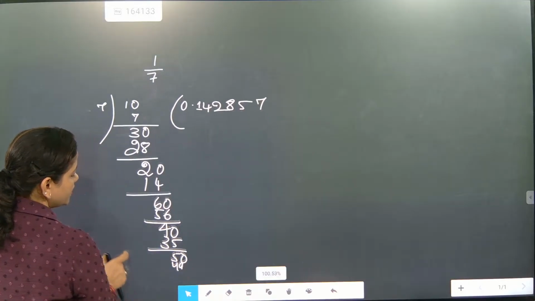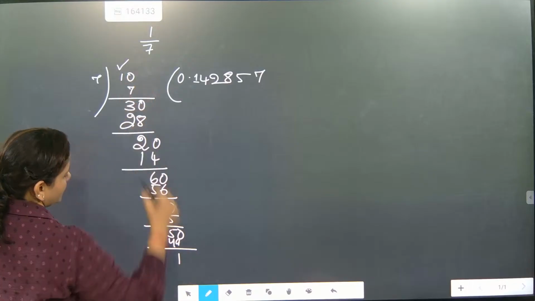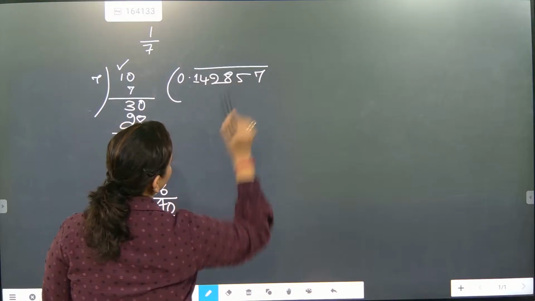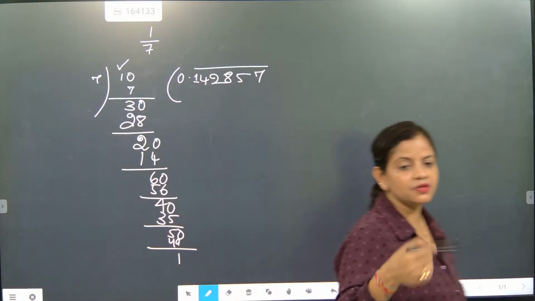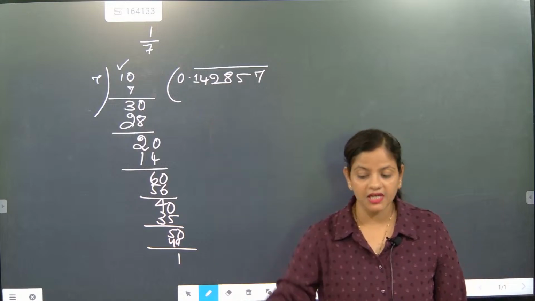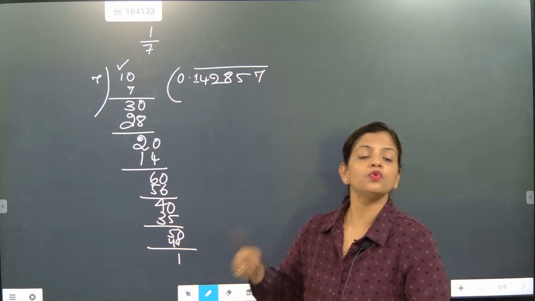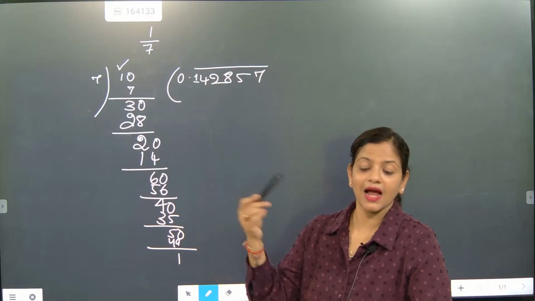The moment you write 49, after that how much is coming? 1. You started with 1. Now again 1 came. So this much will have a bar, because the numbers will keep on repeating. After some time the numbers keep repeating again and again, so it is considered non-terminating and repeating.